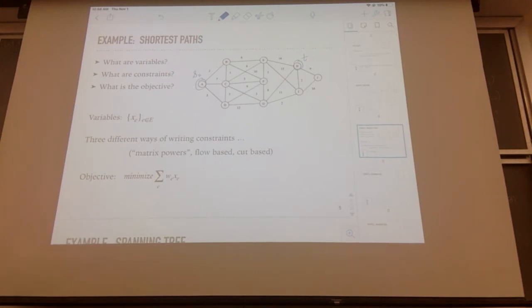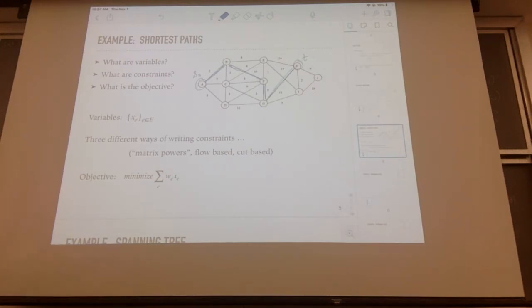So the solution I would like to have is something that just selects all the edges corresponding to the shortest path. In this case, I'm not sure what the shortest path is. Presumably it's something like this.